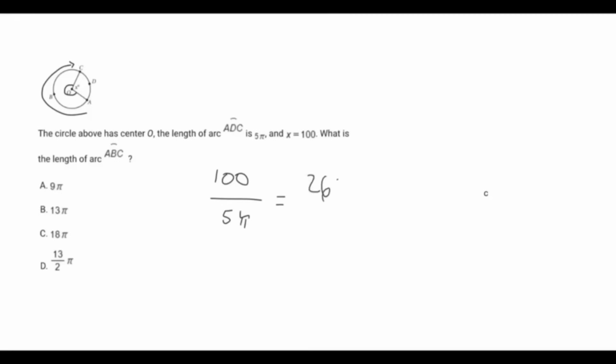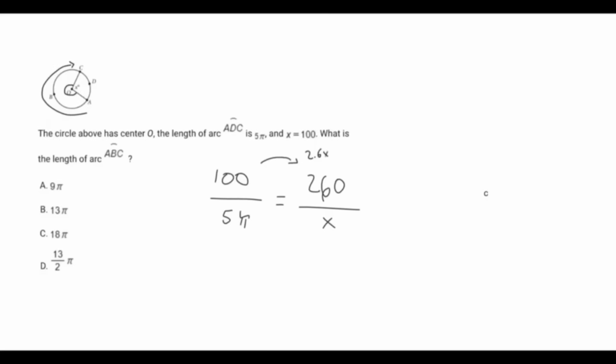So this will go on top. And so now we can actually pretty easily figure out what our length of arc ABC is by just finding this corresponding value, right? So to do this, we have to do some simplification, or we can just find the scale factor actually, right? So from 100 to 260, that is a scale factor of 2.6x, or 2.6 times.